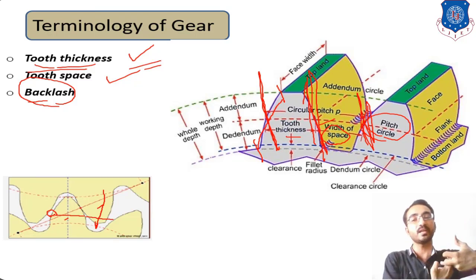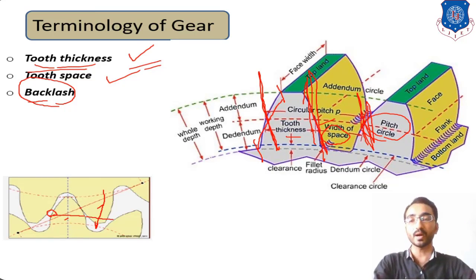So this jamming will occur if you do not provide a certain gap between the tooth space and the thickness of the teeth. This distance is known as backlash, which is necessary for smooth functioning of the gear.